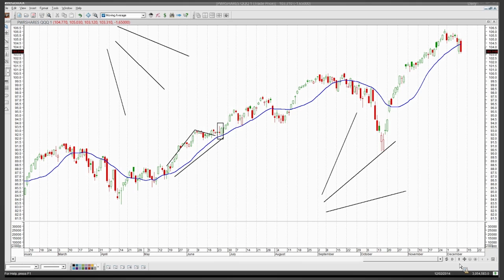Now, for the trigger to get in the trade, what you want to look for is a trade above the absolute high of the actual engulfing bar, including the wicks or the tails. The absolute high of this engulfing candle was 93.45. So you need a trade of at least 93.46 or higher to get you in.